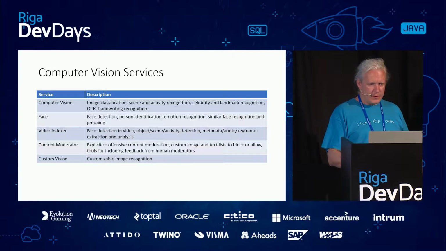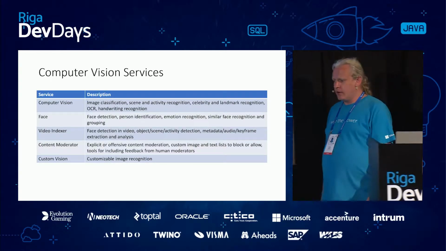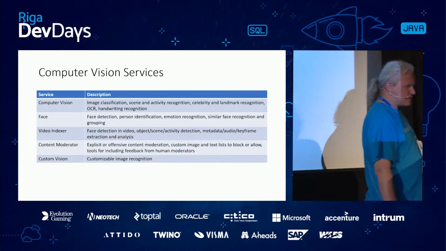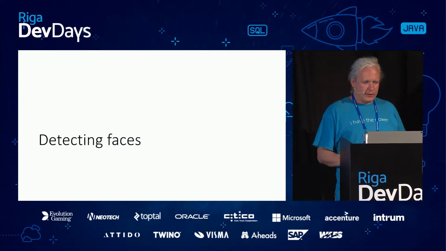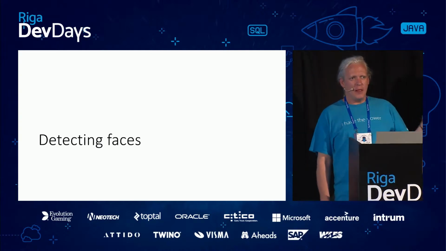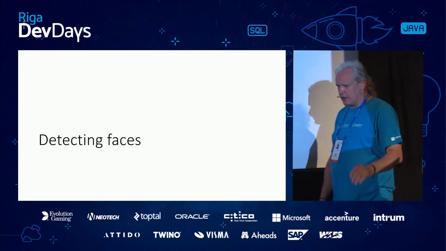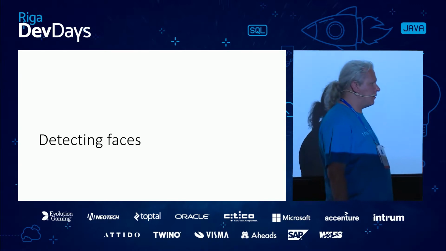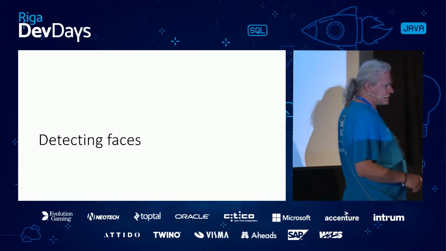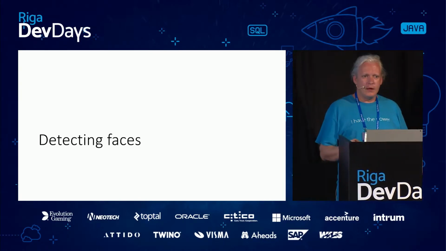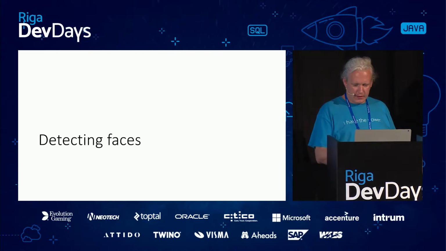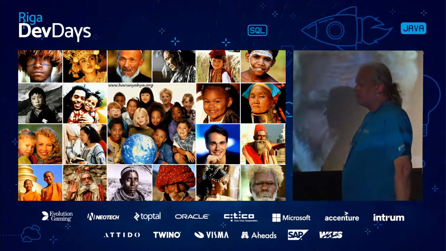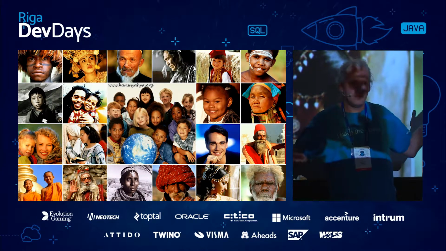Okay, now we are going to perhaps the most interesting part of computer vision services in Azure. So, detecting faces. I know that there are many modern hires telling that all people are exactly the same, but if we are going to computer vision, then, well, we have here a lot of people.